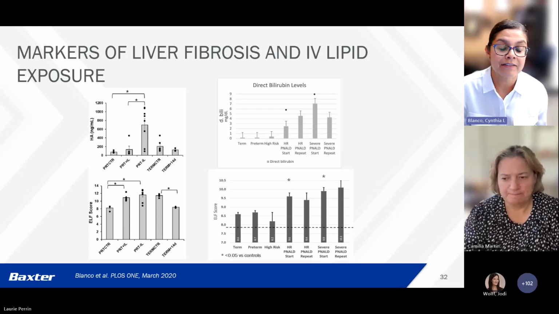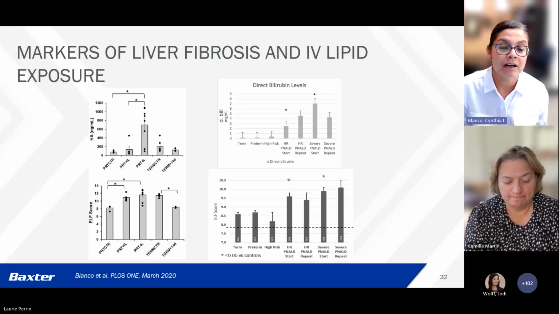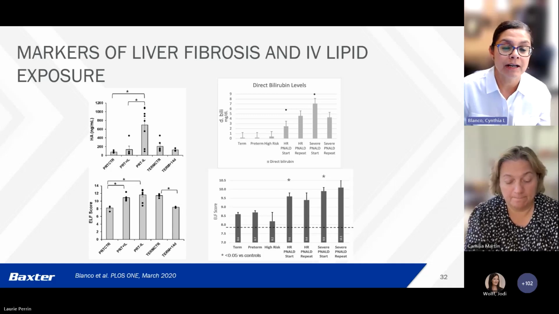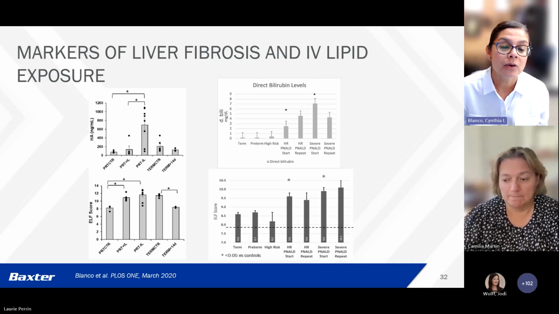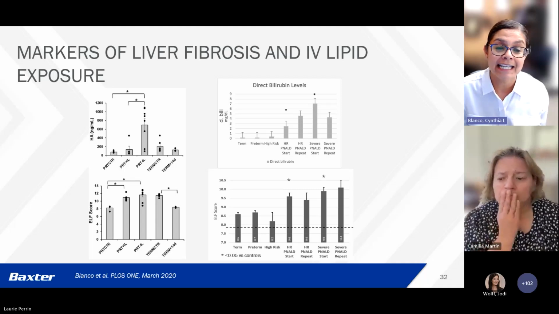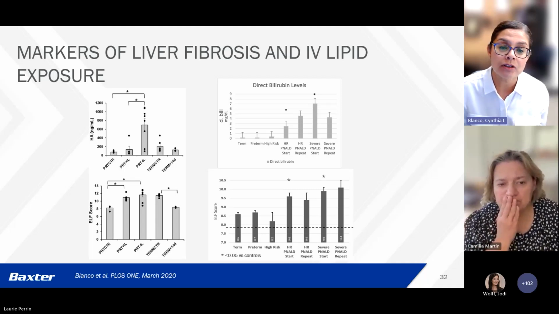On the x-axis, it says preterm controls, those are fetal levels, preterm animals with intralipid emulsion, preterm animals that received no intralipid emulsion, and term controls and term 14-day animals. So what you see there is the levels of hyaluronic acid and the ELF scores.